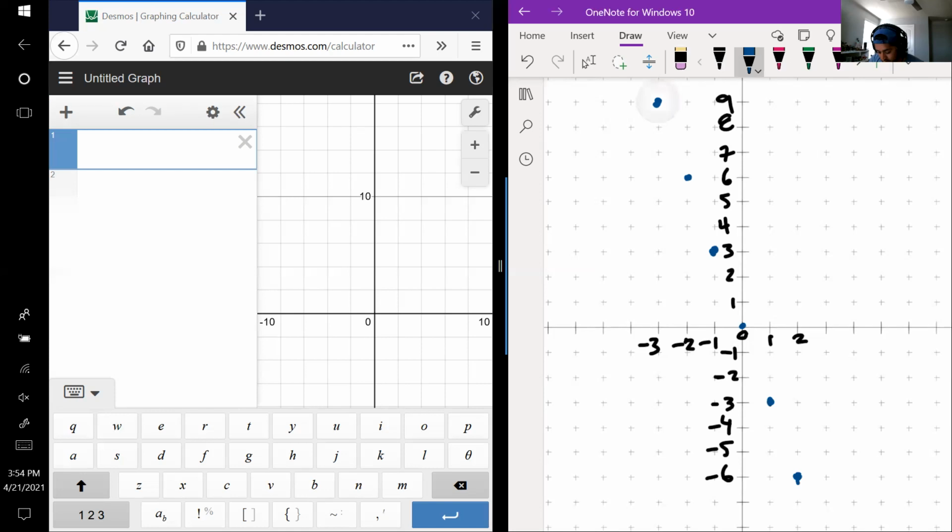So here is f of x. Try to get it straight. There we go. So here's f of x. And then once again, here's g of x from negative 3 to 2.